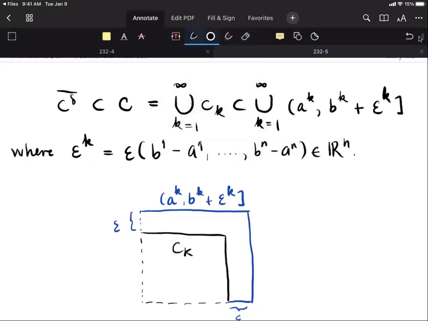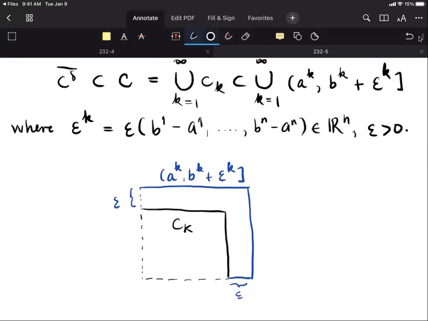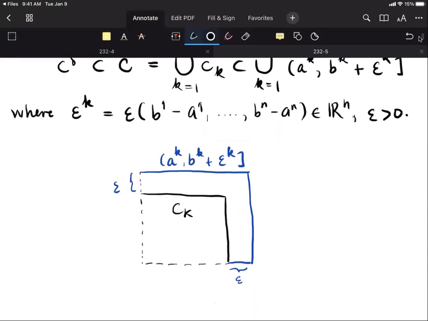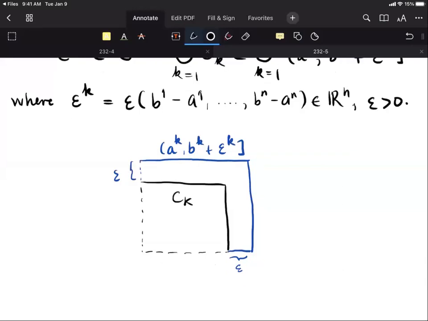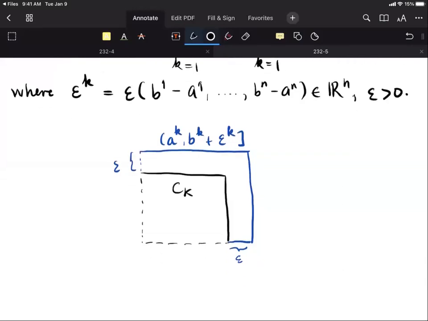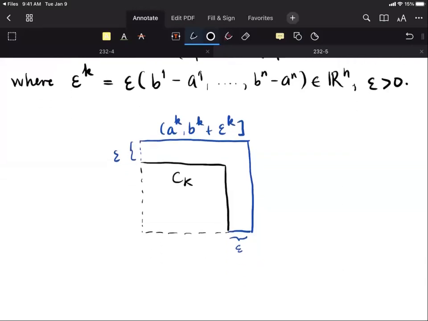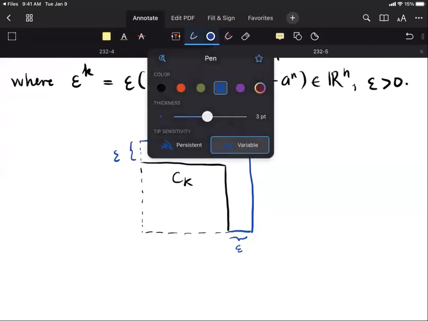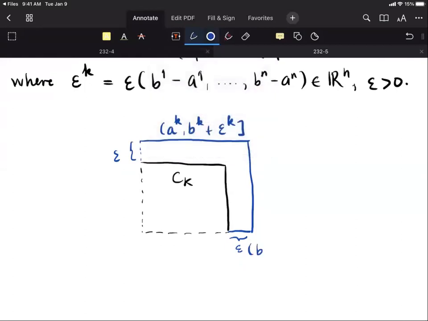Now what is epsilon? Of course, epsilon is positive. So we add an epsilon unit to the right. Well, to be precise, this is epsilon times B1 minus A1, and this is epsilon times B2 minus A2.